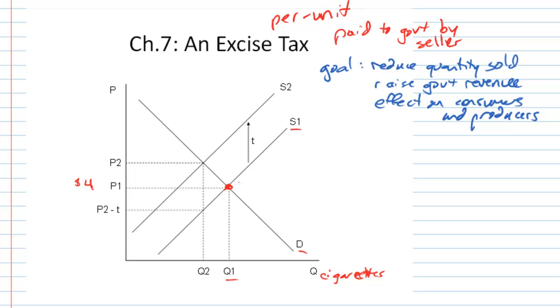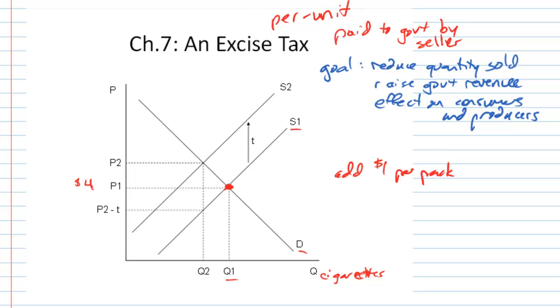Then let's say the government adds this. What's the effect of adding a $1 per pack excise tax onto this market? So here's what would happen.